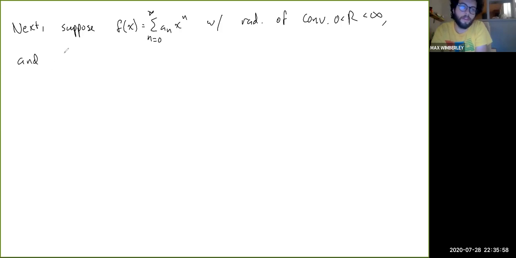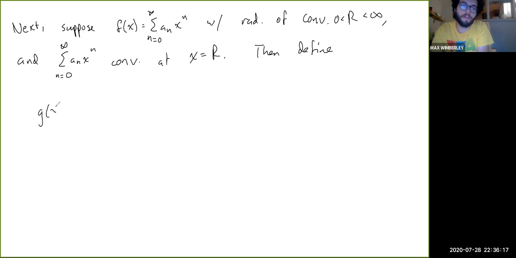And the series converges at x equals r. Then define g of x to be the series a_n r to the n, x to the n, from n equals 0 to infinity.